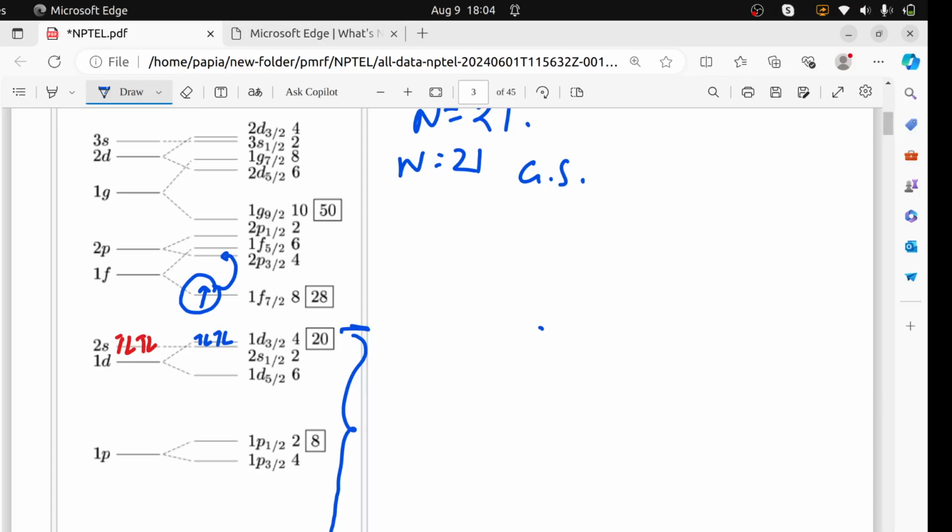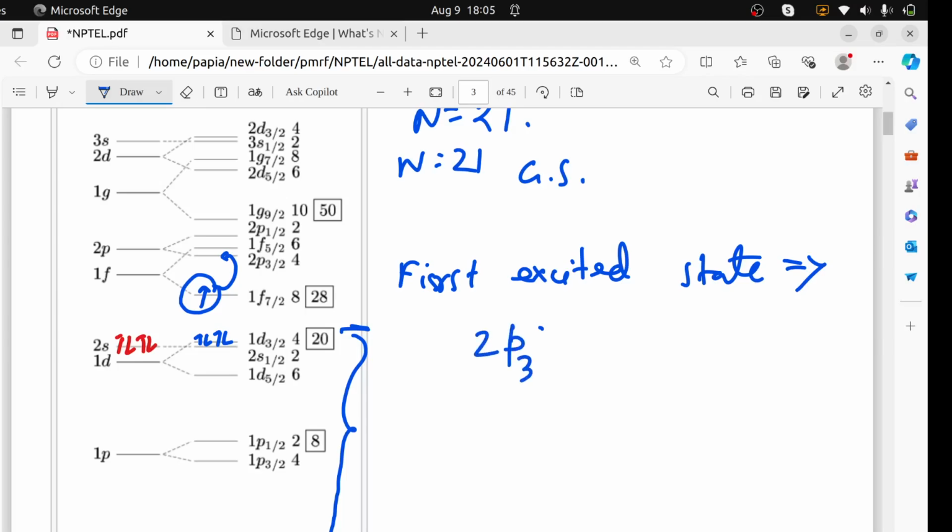So for the first excited state, the outermost orbital configuration will be like 2p 3/2 and 1, because only one particle will go from here to here. So that means 2p 3/2 will be the outermost nuclear orbital configuration.